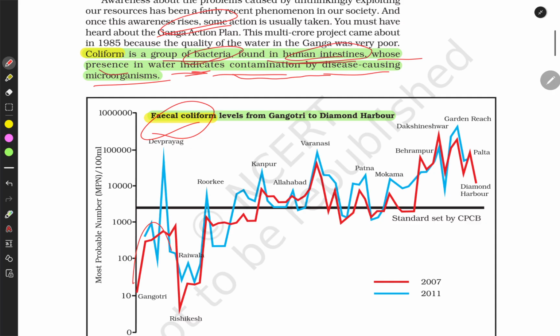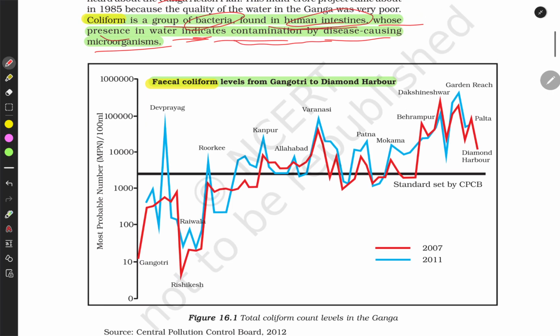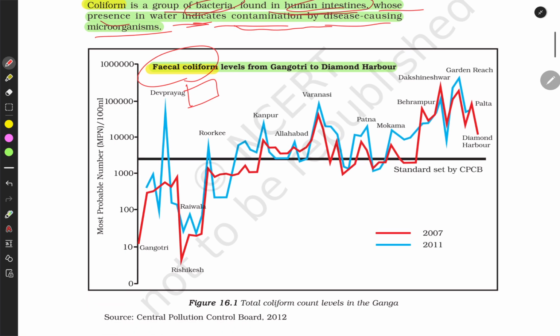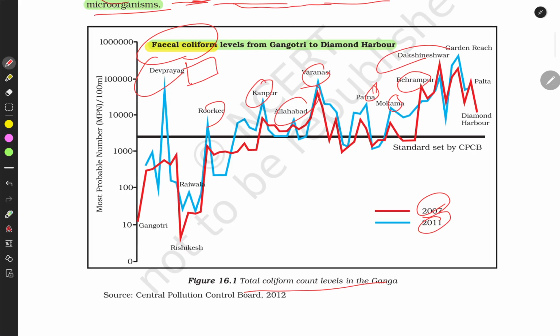Human fecal matter contains fecal coliform, so if it is drained directly into a river without water treatment, the fecal coliform level increases. This chart shows the levels in the Ganga river in different cities in 2011 and 2017.